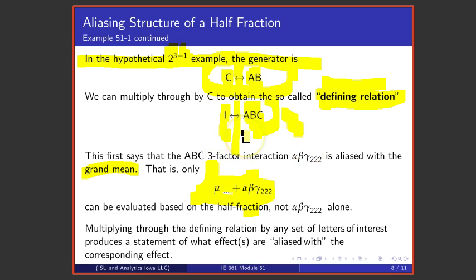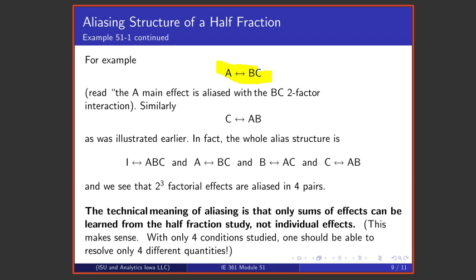A times A is I, times B times C. I times B is B, so I've got A on the left, BC on the right. I have A being indistinguishable, being aliased with the BC two-factor interaction, and C being aliased with the AB two-factor interaction by the same logic.